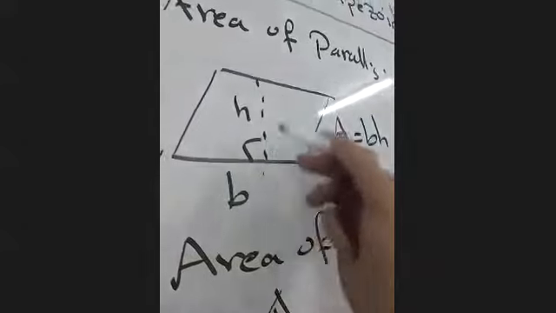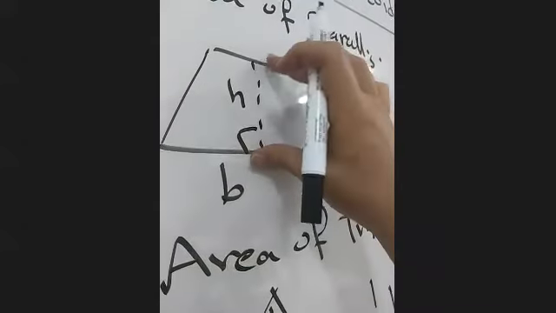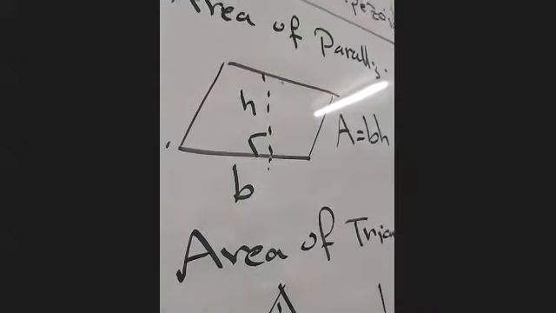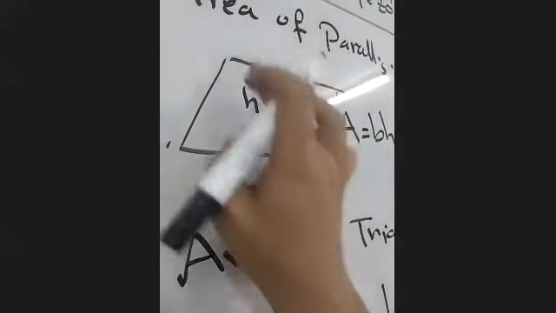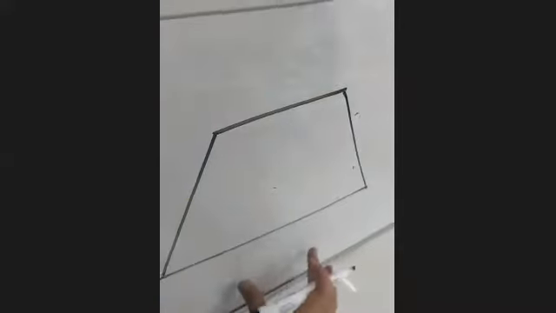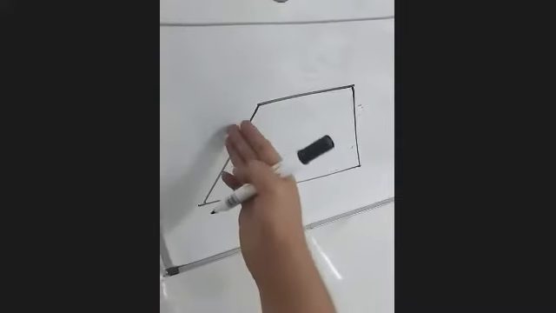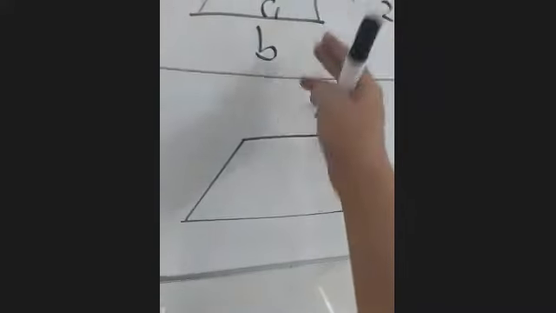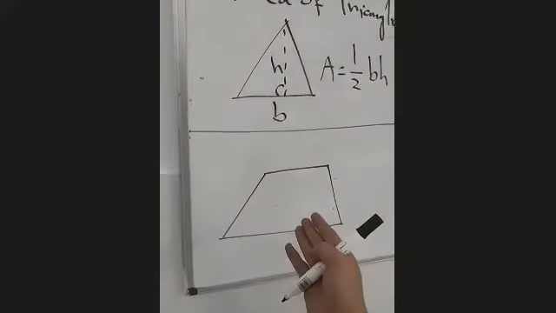In the parallelogram, each opposite sides are parallel and equal. Means this side equal to this side, and this side is equal to this side. But here, this side is not equal to this side, and this side is not parallel to this. Not parallel means if you extend them, they will meet at some point here. So this we call trapezoid, this we call parallelogram.